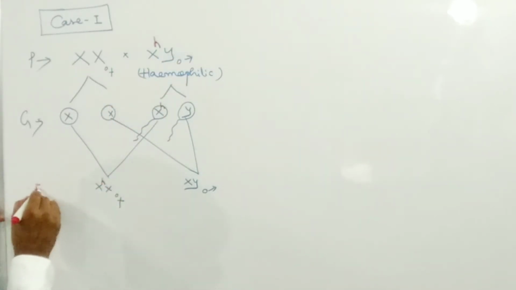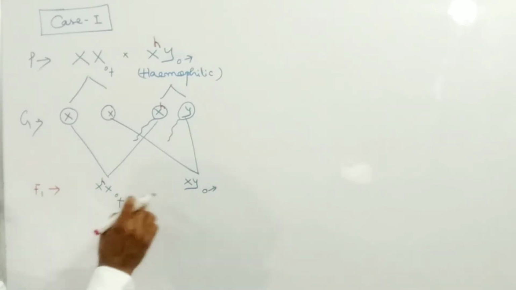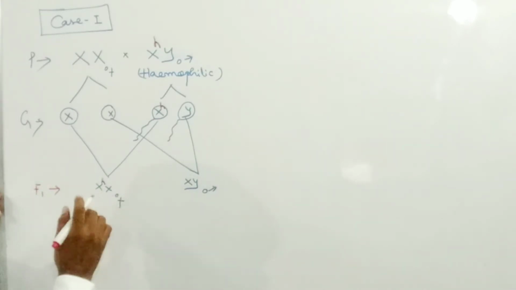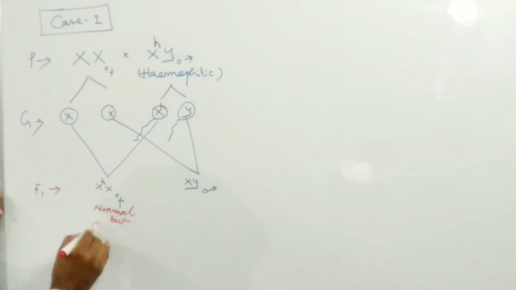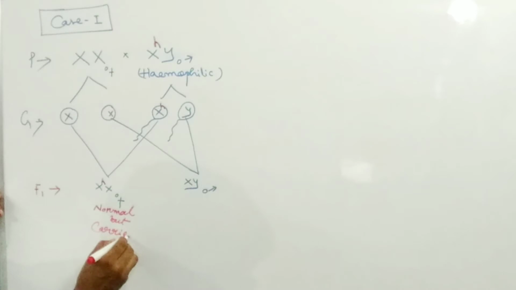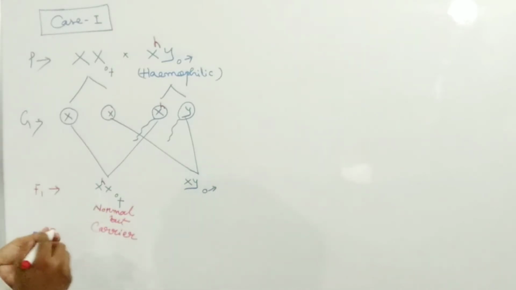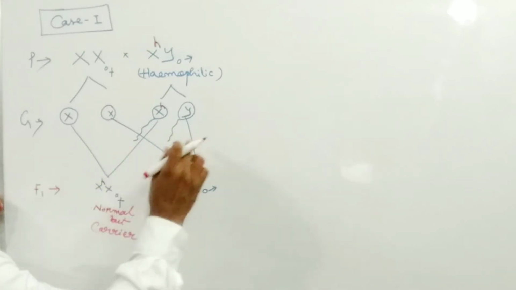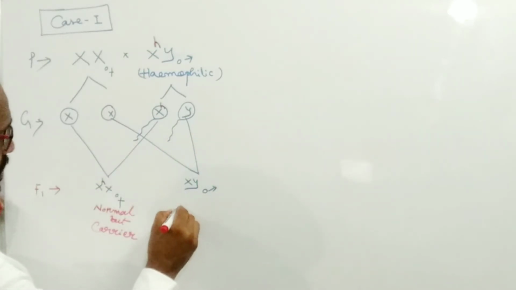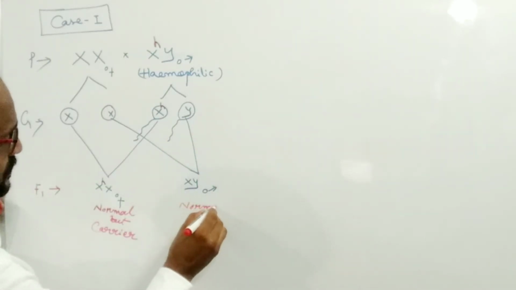This is the F1 generation. In the F1 generation, all the daughters have the defective gene, but they will be normal hemophilic carriers. So what about the sons? All the sons become normal.